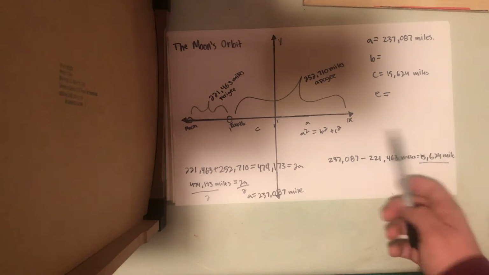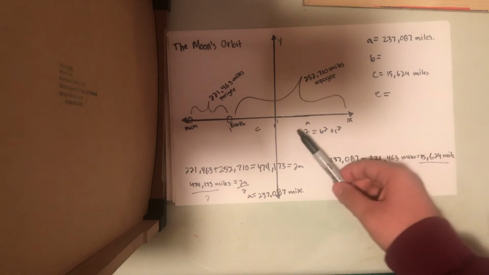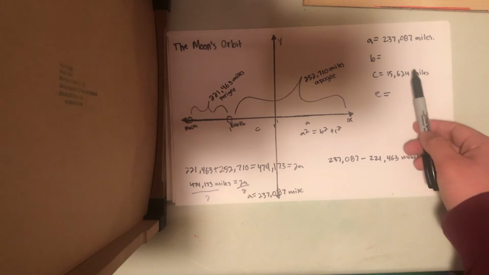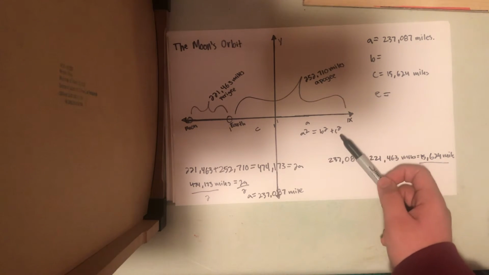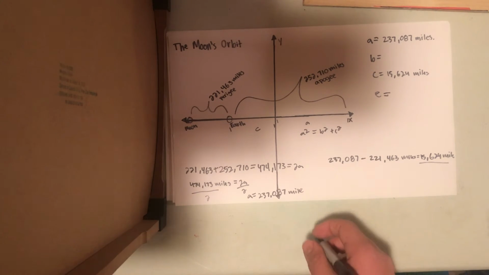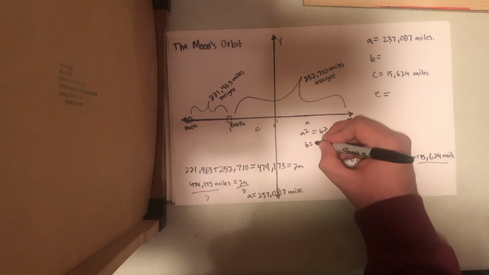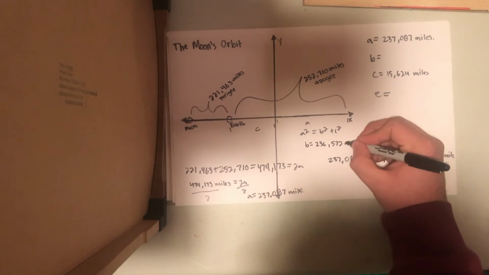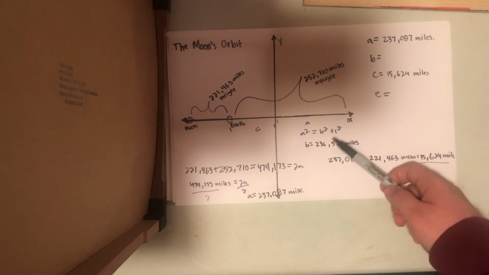Since the numbers are too large, I'll cut to what B equals, but basically you'll plug in A here and then square it, equals B squared plus 15,624 miles squared, and subtracting the value of C over to A, and then taking the root of B, you'll get B equals 236,572 miles. And once again, plug in A and plug in C, and you'll find B.